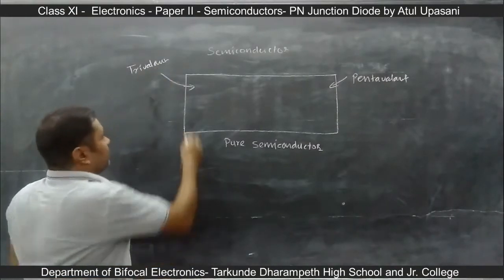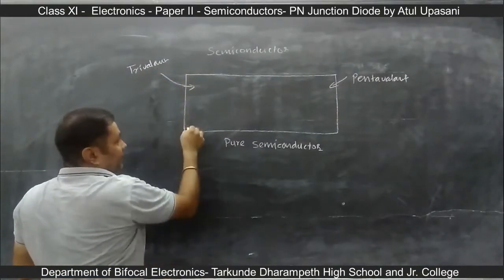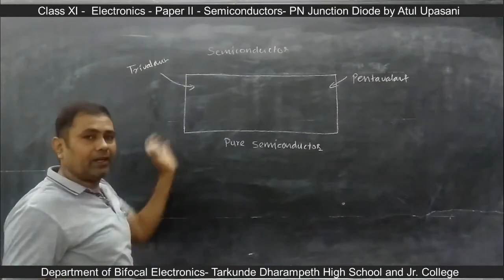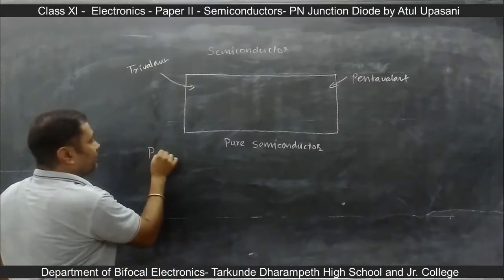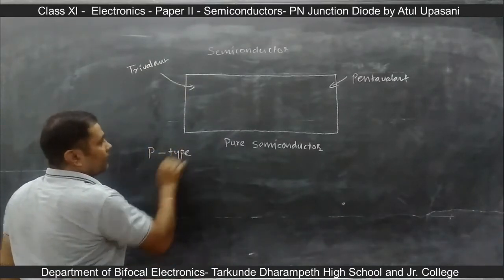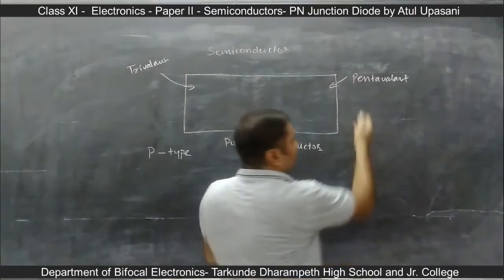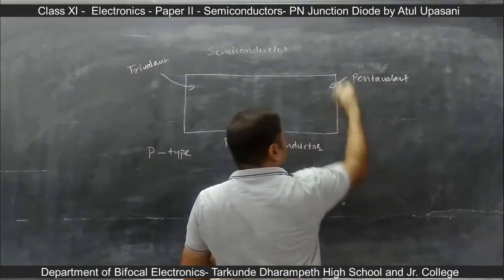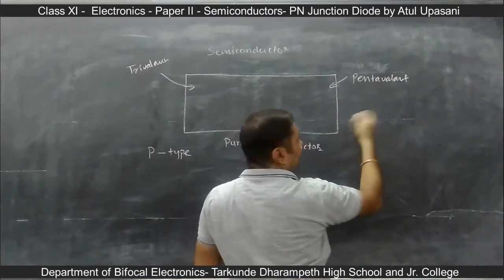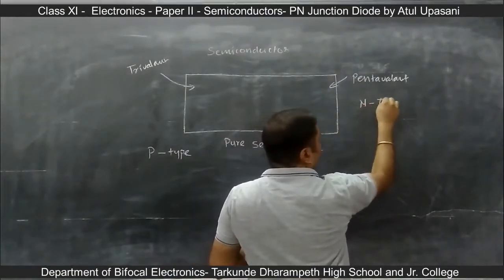In this way, this side will start converting itself into p-type material. And at the same time, if pentavalent impurity is added, the other end will start converting into n-type material.